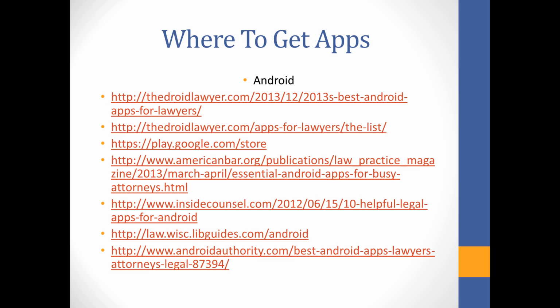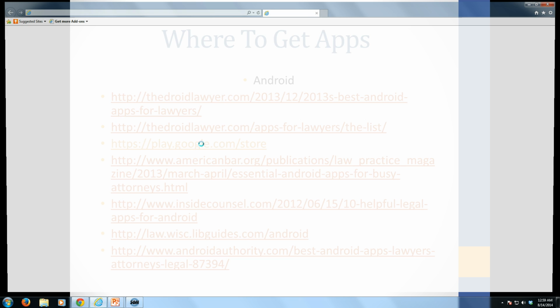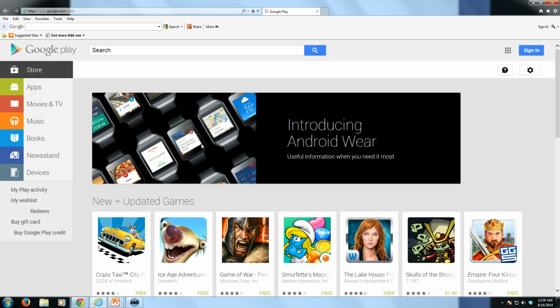So where do you get your apps? Well, for Android, you want to go to the Google Store. It's called Google Play, and it usually comes as an app itself on your Android phone or other device. For Apple, you want to go to the iTunes app, again on your mobile device.